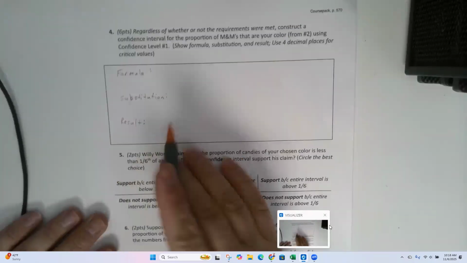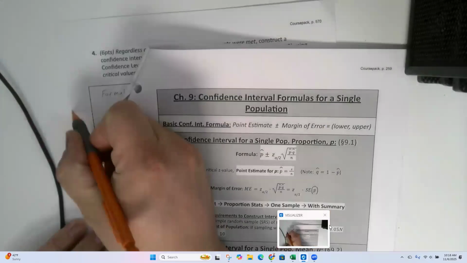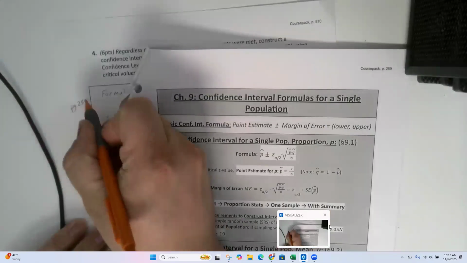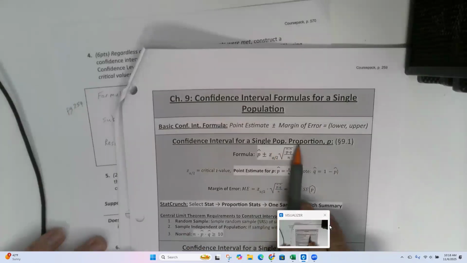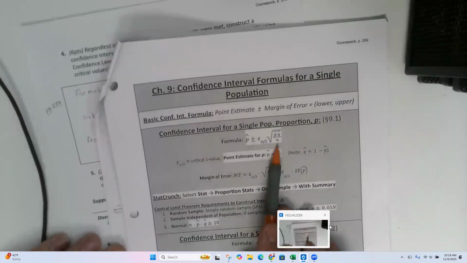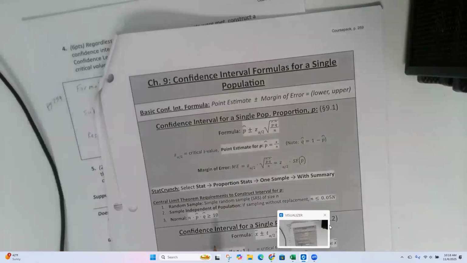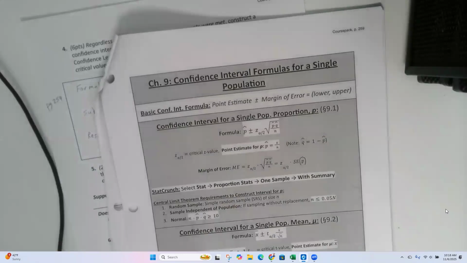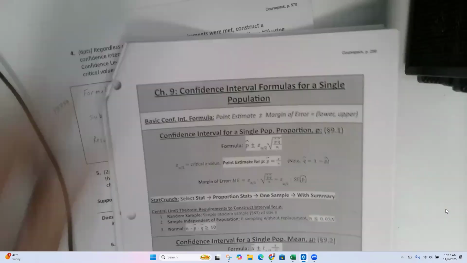All right, so the formula for this is on page 259 in our course pack. The formula for a single population proportion confidence interval is here, and we're going to write out just what it says here. Confidence interval for a sample mean is the one below that. So we're doing the proportion.